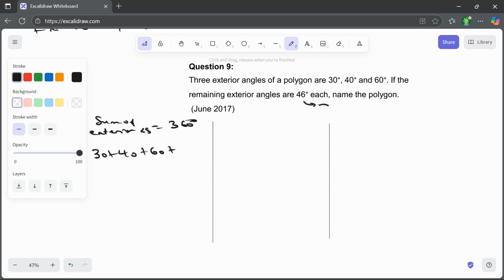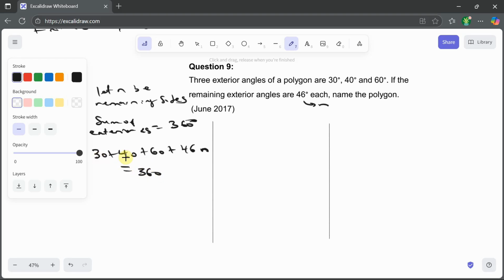So by the time I add 46 plus 46 n number of times, I'll have 46n, right? Remember, the n is not the total number of sides, it's just the number of remaining. So I could say let n be remaining sides, right? So by the time I add all of that, it gives me 360 degrees.